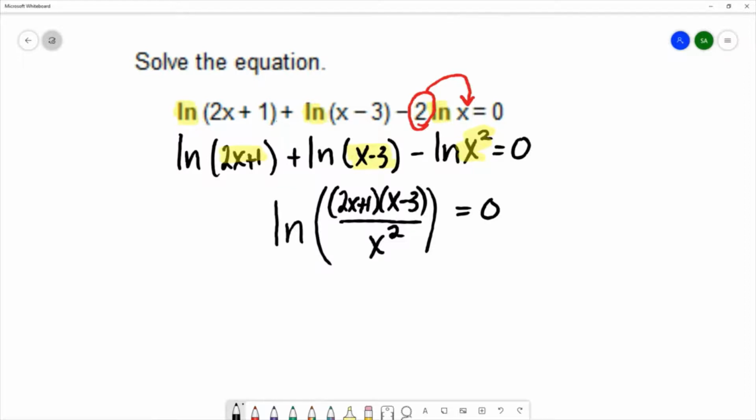And now that I've condensed to a single log, I can rewrite this log equation as an exponential equation. In order to write it as an exponential equation, I need to know what base is used. Because this is natural log, ln is natural log, we treat this as log base e.